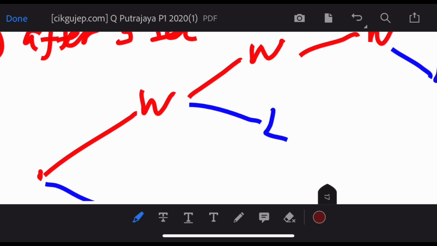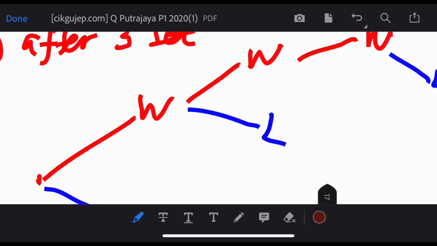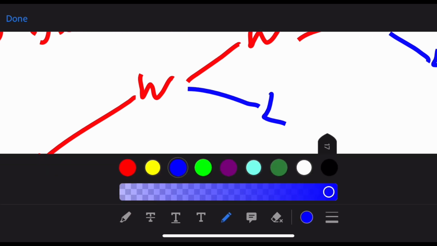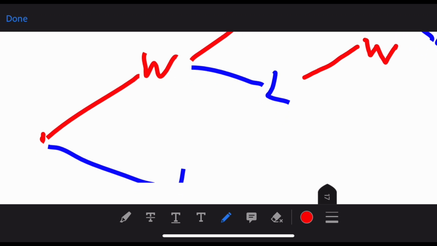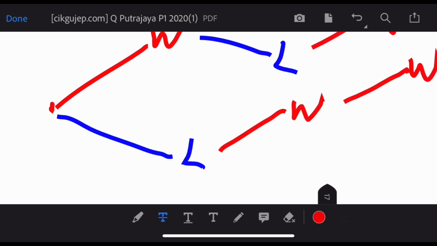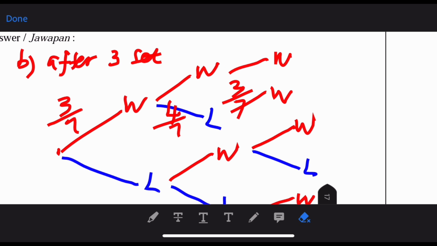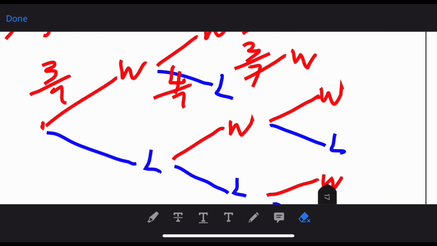Alright, so we'll continue and complete the tree diagram before we can solve the question, right? So let me complete first. So win, followed by win, and now let's fill up all the probability values on the branches. So we want to focus on the one that wins after the third set of the game.